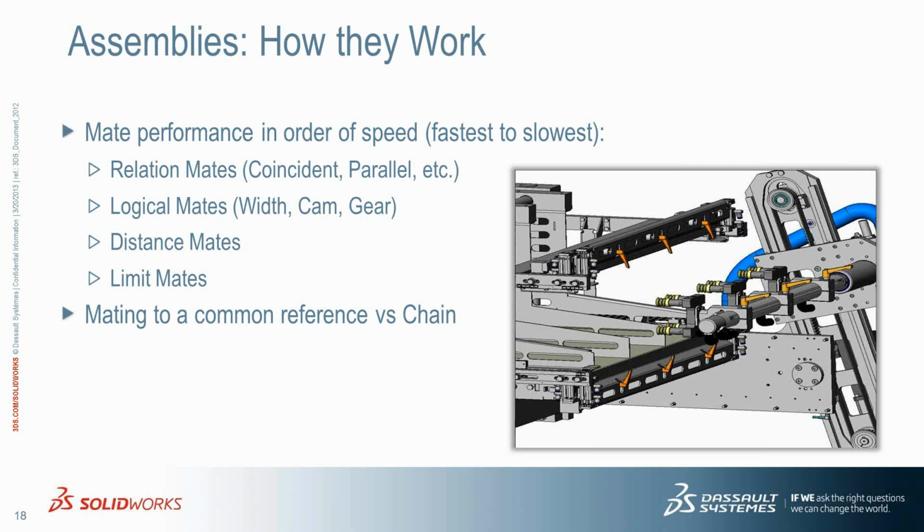You can have different mates per configuration. So the fastest mates are going to be the relation mates: coincident, parallel, concentric. Those are all the fastest. They're followed by your logical mates with width, cam, and gear. Distance and limit mates are the slower of the four categories.